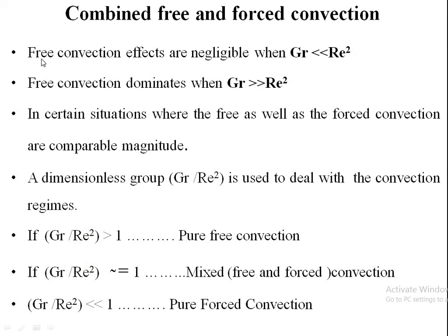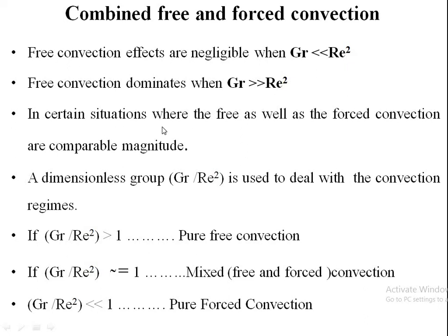Here we go. The free convection effects are negligible when the Grashof number is very much less than the Reynolds number squared, and free convection dominates over forced convection when the Grashof number is very much higher than the Reynolds number squared.